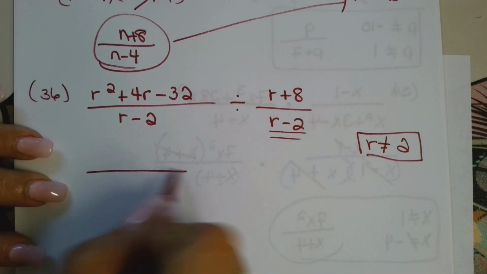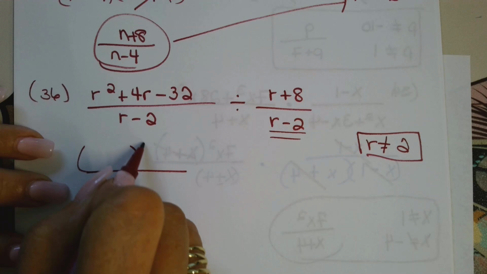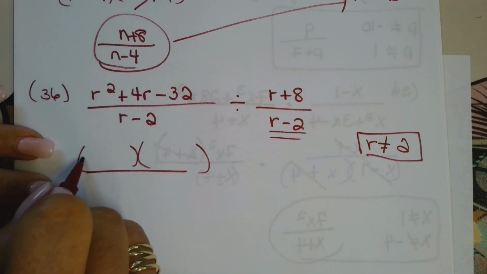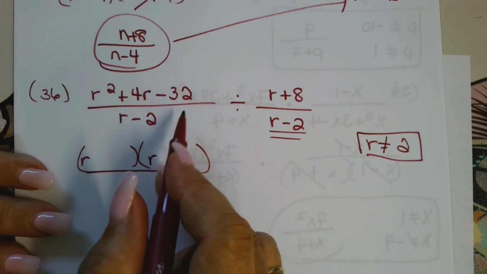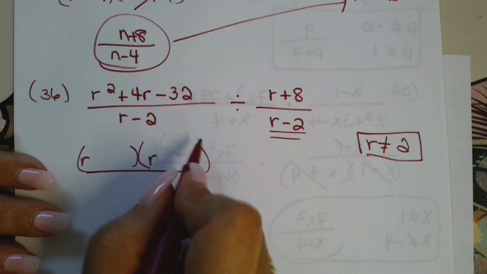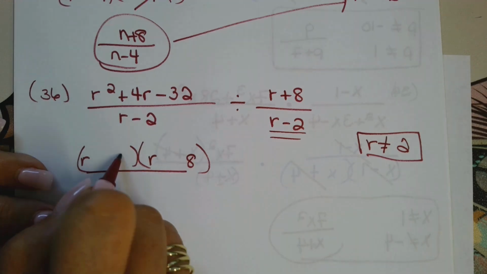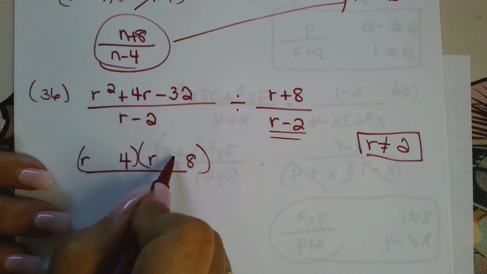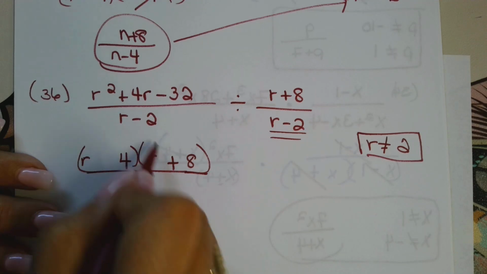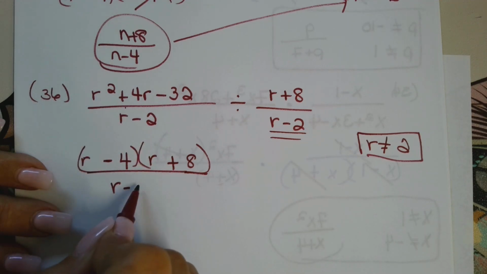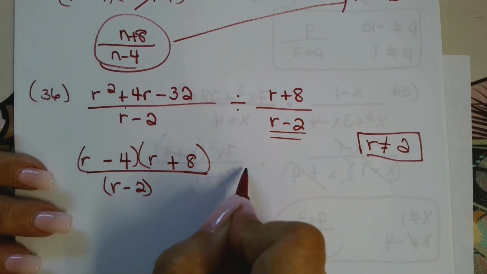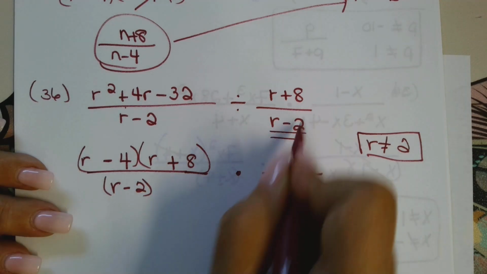We're going to go ahead and factor here. We want to factor 32. So 8 times 4 is 32. This will be a positive 8 because that's a positive 4, and this will be negative. We have our r minus 2 here, and we're going to flip this guy.